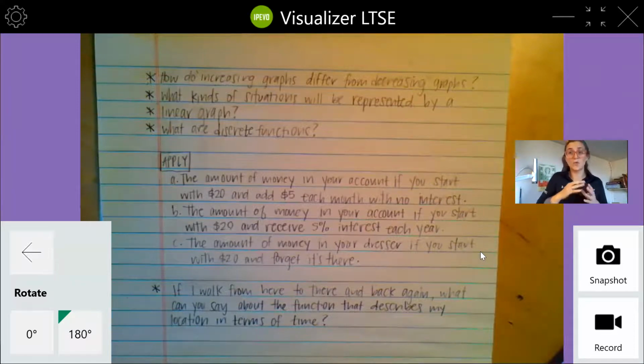Increasing graphs rise from left to right. Decreasing graphs fall from left to right, right? Overall, the rate of change or the slope in an increasing graph will be positive. Overall, the slope or the rate of change in a decreasing graph will be negative.